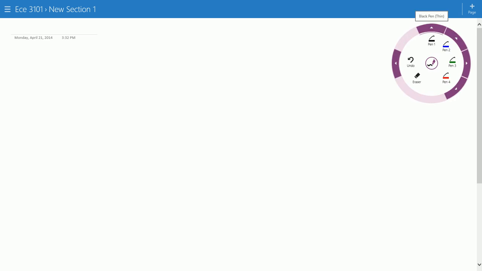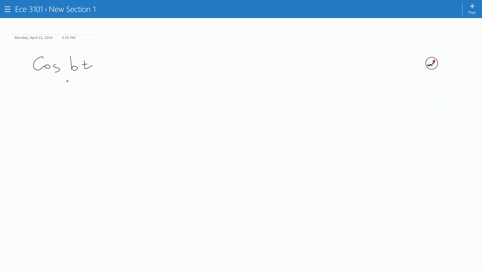Let me use the one from the textbook so it will be consistent: cosine of bt. Again, we want to find the Fourier and the Laplace transform. Remember, in the Fourier transform chapter, the way to calculate it is using the Euler formula, and we're going to use it again.